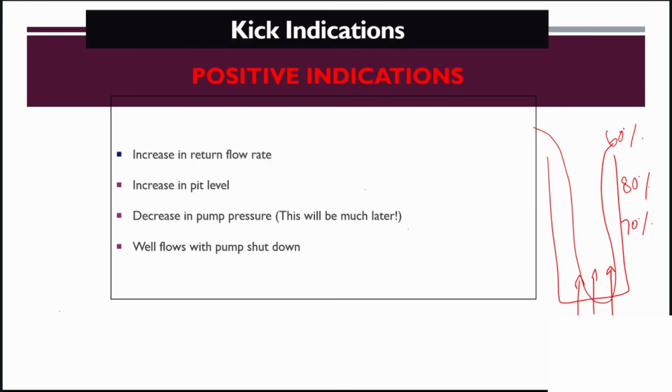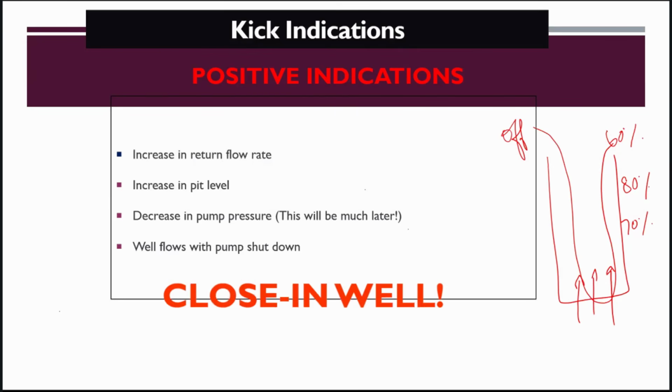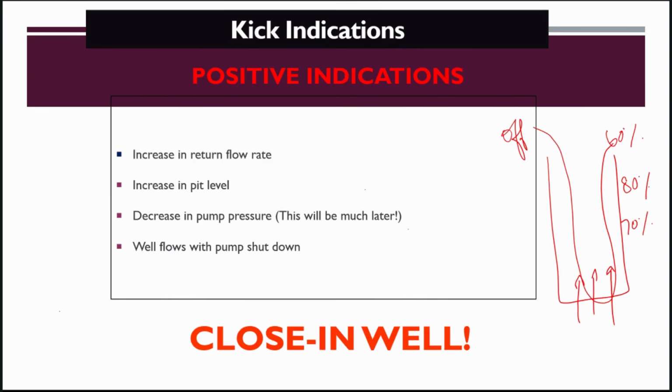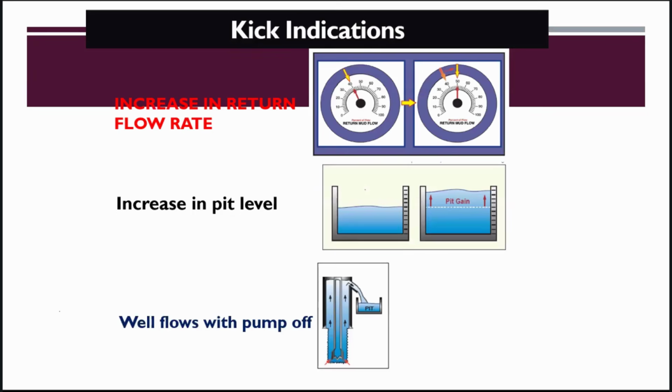And if you shut down the pump, your well should not flow, but if the well is flowing with the pumps off, then this is a positive indication that you have to close in the well immediately. Don't waste any time, otherwise your influx volume will go on increasing. So the positive indications are an increase in return flow, an increase in pit level, and the well flowing with pumps off.